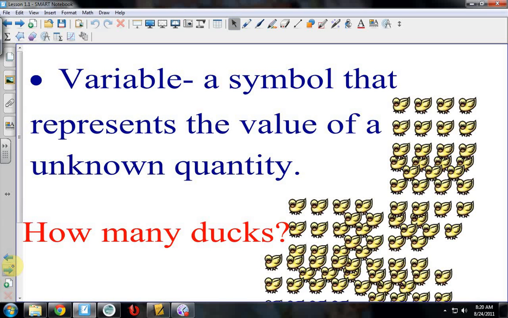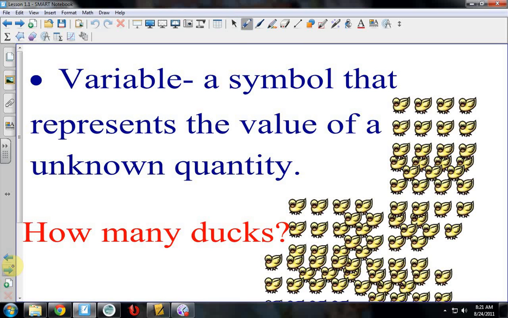Variable. A variable is a symbol that represents a value of an unknown quantity. Okay? An unknown quantity. Sometimes things aren't known to us. We can't use a number to represent it, right? So here I ask how many ducks. I see some people actually trying to count them all right now. But what if you don't know how many ducks there are? Could we give it a variable?